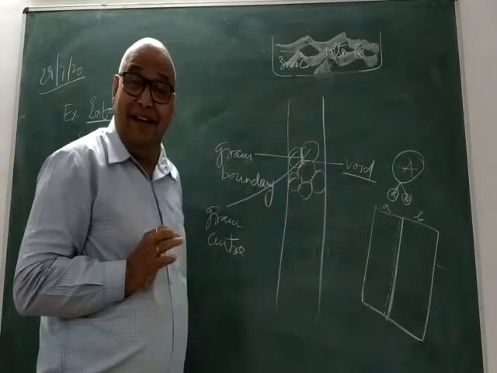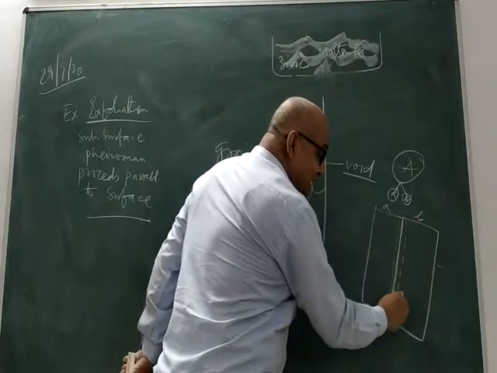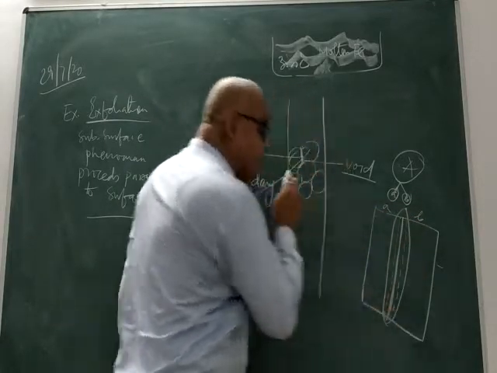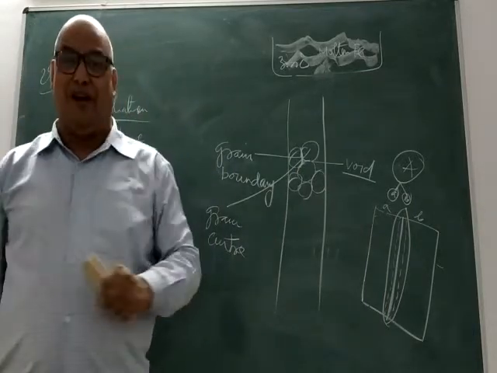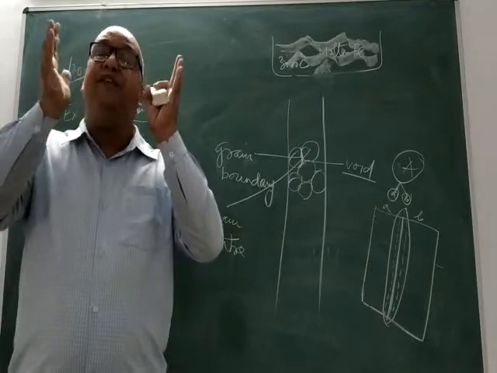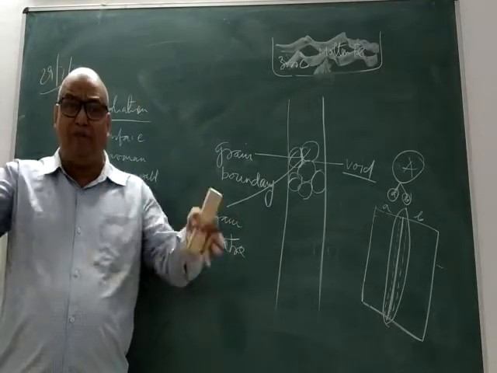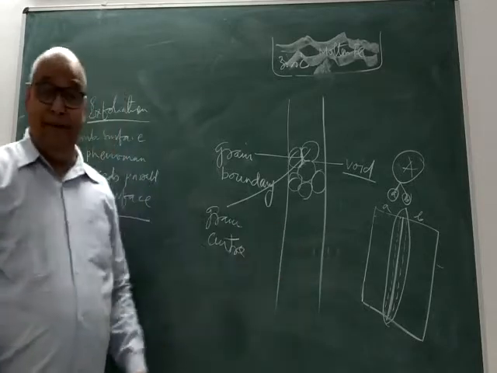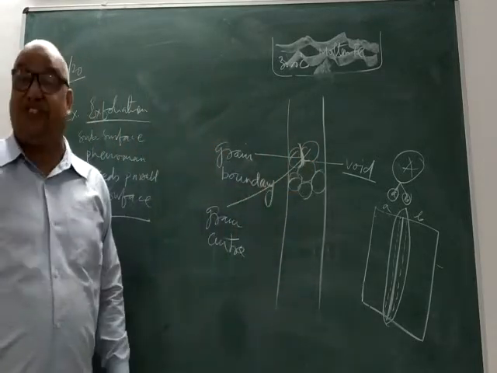And similarly, if this thing happens in B, A will try to make it like that. What does it mean? This area is the area of conflict. India-China border, India-Pakistan border. Every dispute is concentrated at the boundary of the two countries. So similarly, this grain boundary is the main area of conflict.